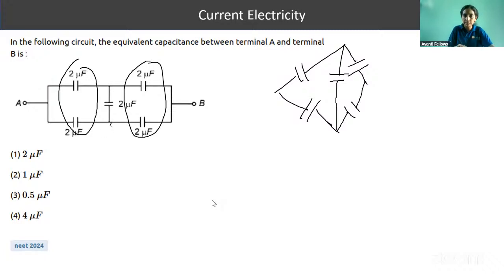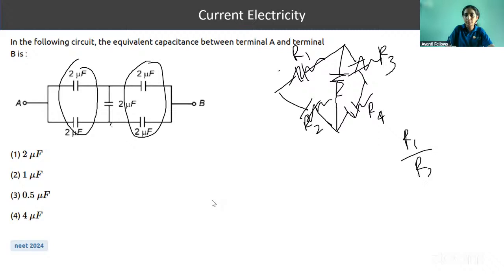If you look at the capacitance, just like how we check whether a Wheatstone bridge carrying resistors is balanced: if this is R1, this is R2, this is R3, this is R4, we check R1 by R2 is equal to R3 by R4.